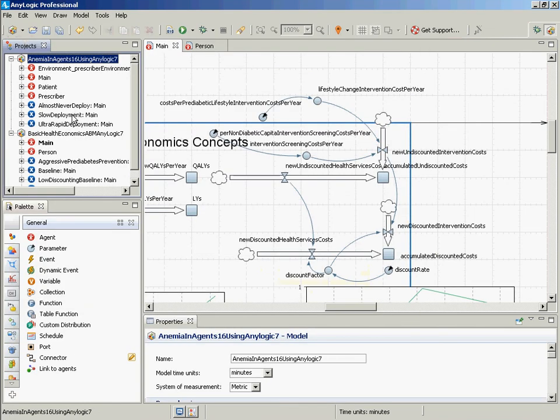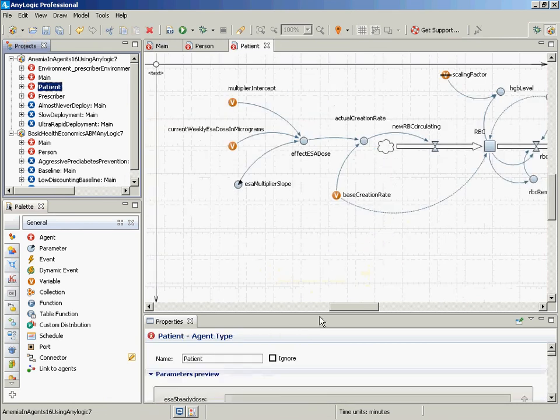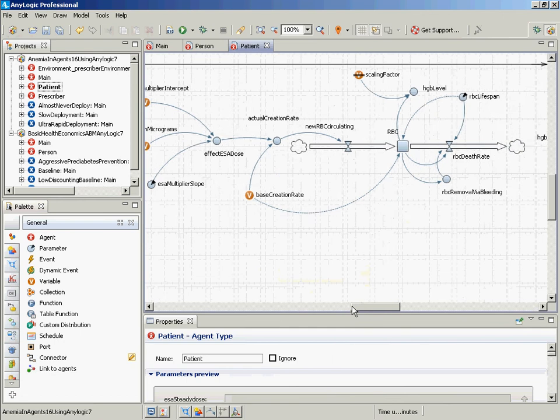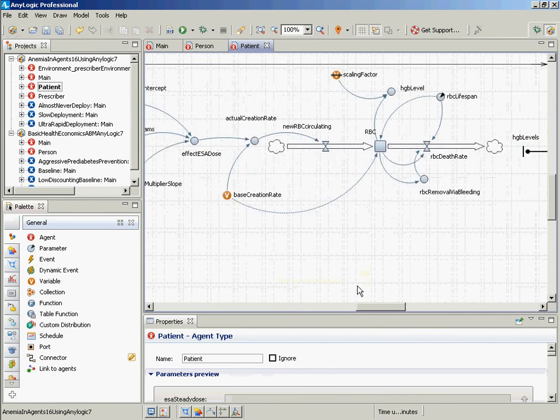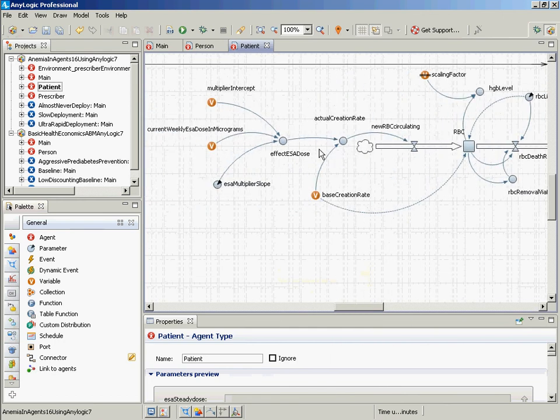So we have individual patients whose dynamics in terms of their red blood cells related to conditions of anemia are evolving directly. And then we have prescribers that manage patients, and we're looking at the adoption of a protocol for patient management.